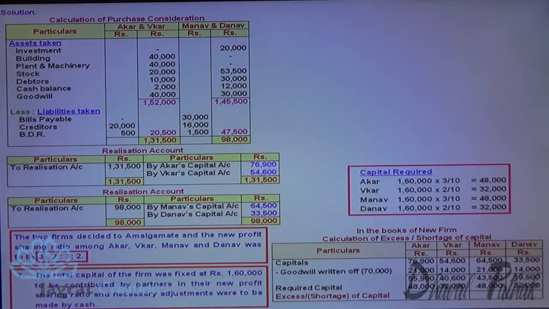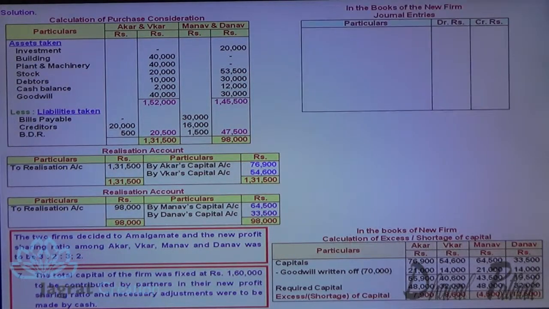So here the amount refunded to Akar is 7,900. Refunded to Vakar 8,600. Shortage brought by Manav 4,500. Shortage brought by Danav 12,500. So I want to write down the journal entry for all these things.